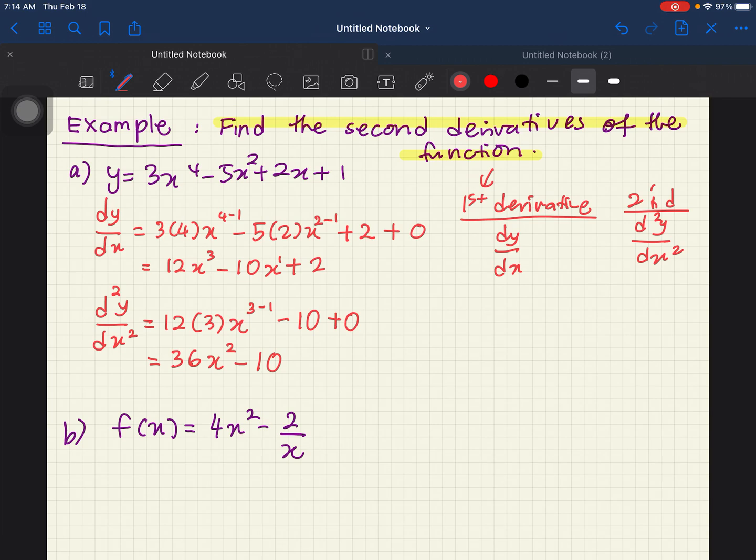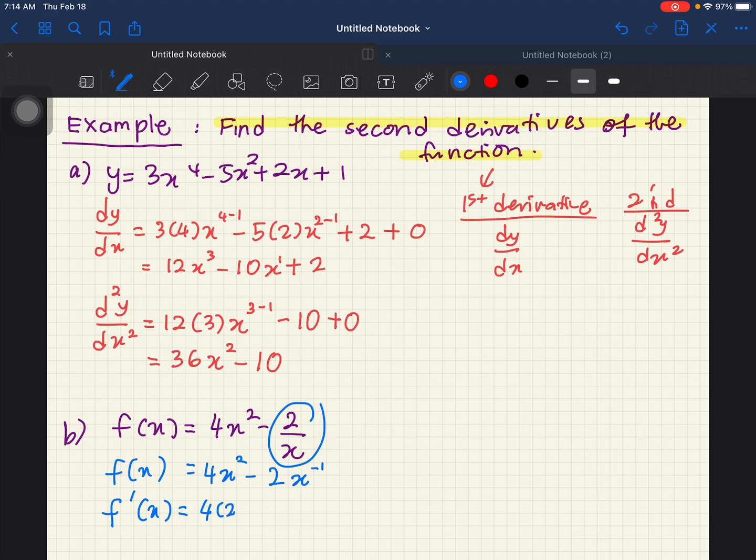Next one, what if you get this one? How are you going to do this? Are you going to use the quotient rule? No, you're not. What you do is you take the x to the numerator, so it will be negative 1. This is your new f(x), so f(x) is differentiated to f prime x, the first derivative.